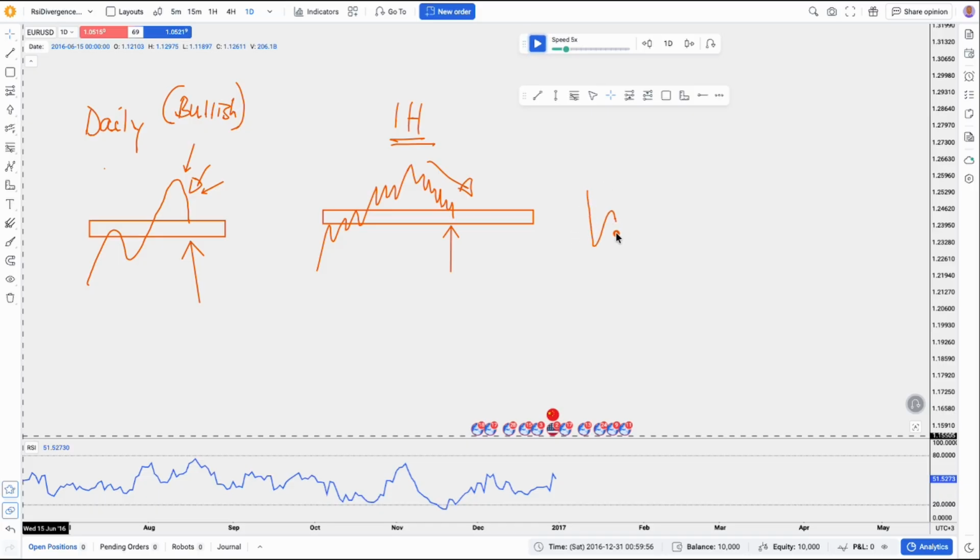The market would come, let me draw that again. The market would come, form a lower low, form a lower high, and then form another lower low, and start to slightly tilt up. In this tilting point, you might see bullish engulfing candles, wicks, and such at that point.